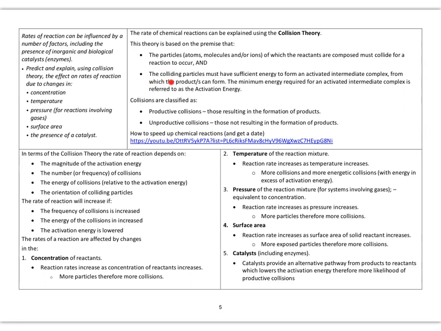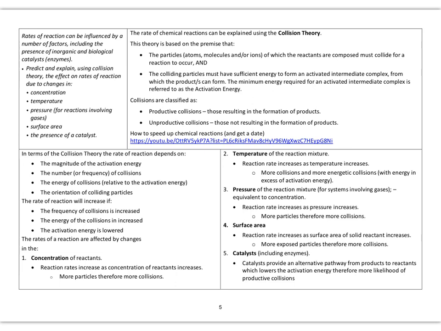The second part of this is the colliding particles must have sufficient energy to form an activated intermediate complex from which the products can form. The minimum energy required for an activated intermediate complex is referred to as the activation energy. So we just talked about that activation energy before, that energy to get the reaction started. If the 2 particles just collide with very, very little energy, they might just bang into each other and then just sort of bounce off each other without causing any change, i.e. without any new substance forming.